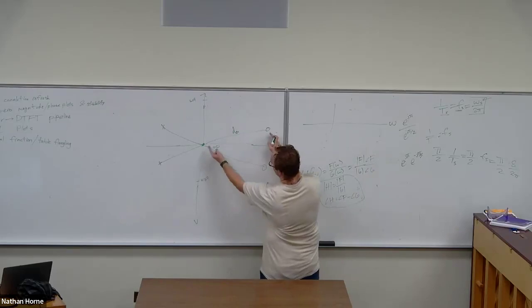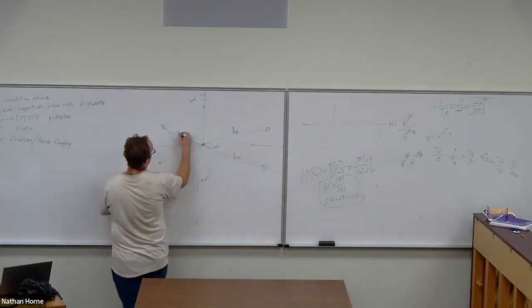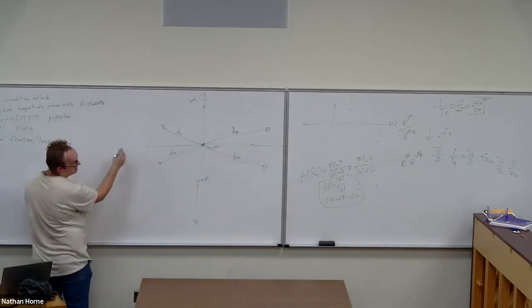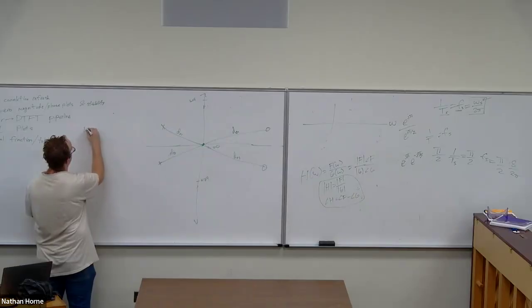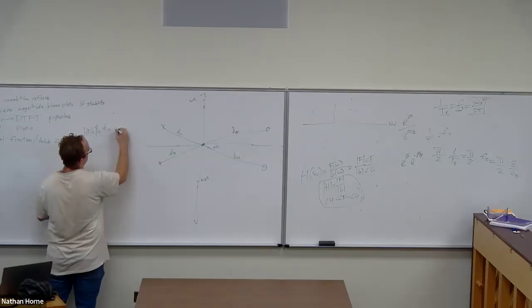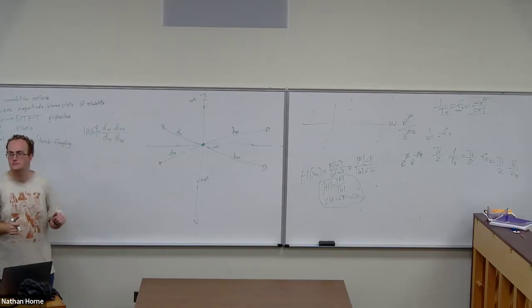I'll call this magnitude D zero 1, as in the distance to the first zero, this one D zero 2, this one D pole 1 and D pole 2. Our magnitude from that equation is going to be D zero 1 times D zero 2 over D pole 1 times D pole 2. How does that feel? Make sense?